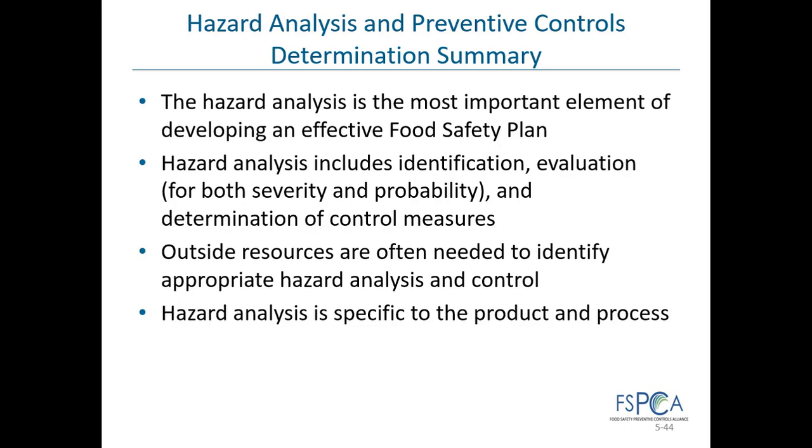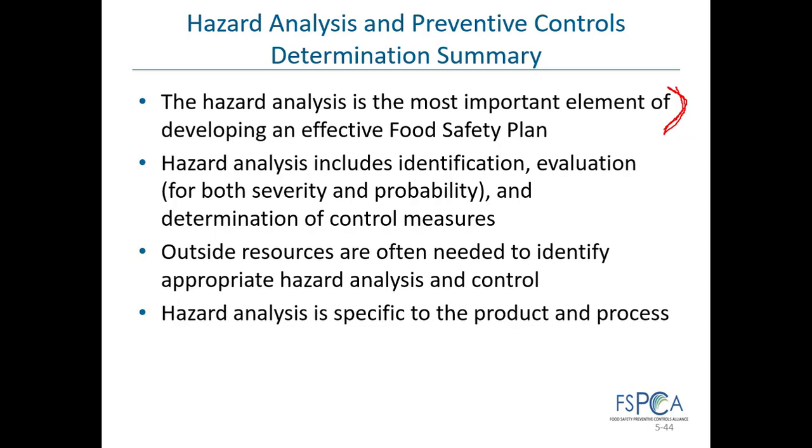All right, so let's summarize what we just talked about. I know it's a lot, but it's okay. As you work through the exercise, it should be a little bit clearer. The hazard analysis is the most important element of developing an effective food safety plan. Absolutely. Your justification should be built into this. It should be the foundation of your food safety plan.